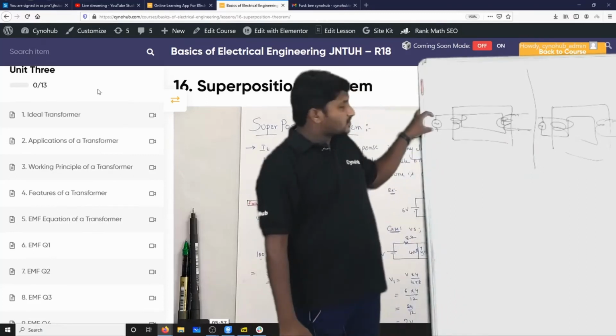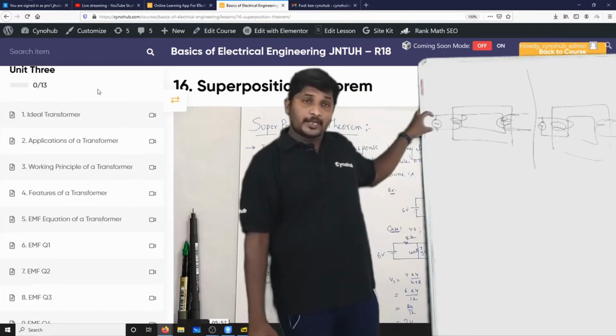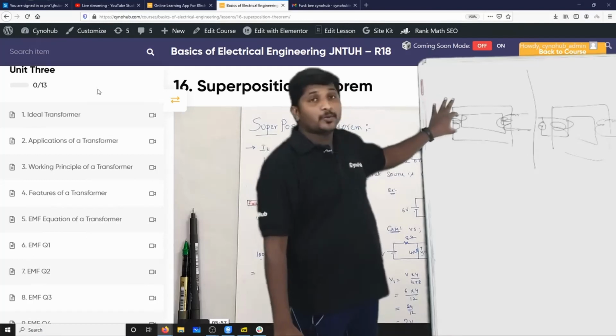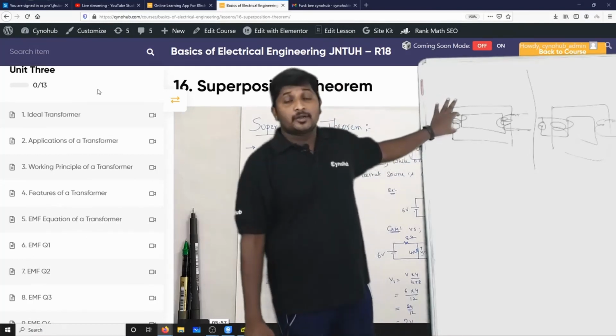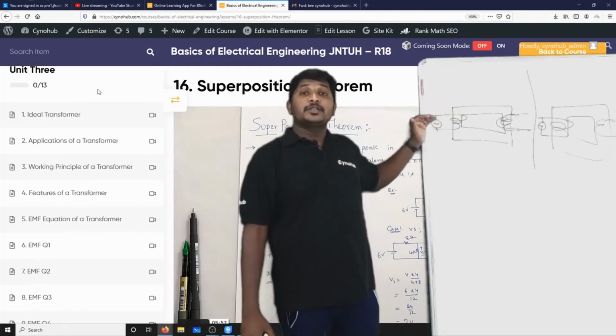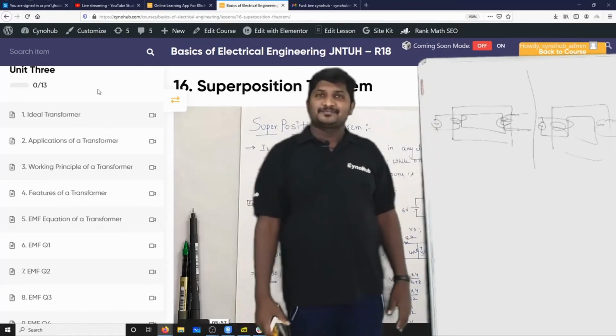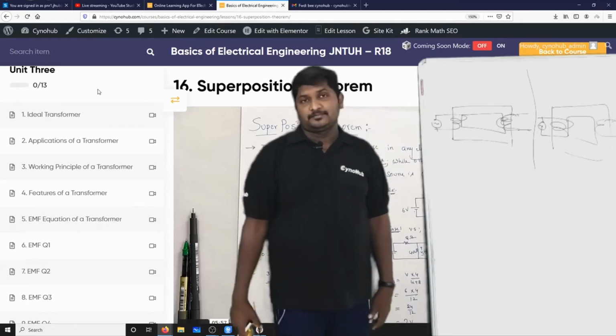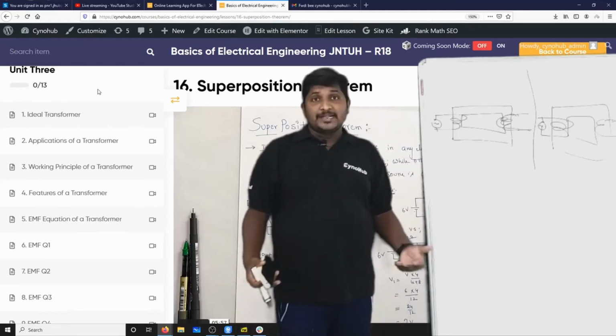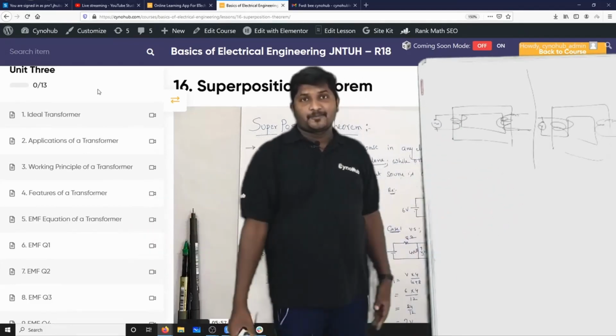Now this is the input voltage or primary voltage. Now it is given to the primary winding. Whenever a voltage is connected to a coil, it acts as a magnet. It is an electromagnet. Now magnet means it produces flux.